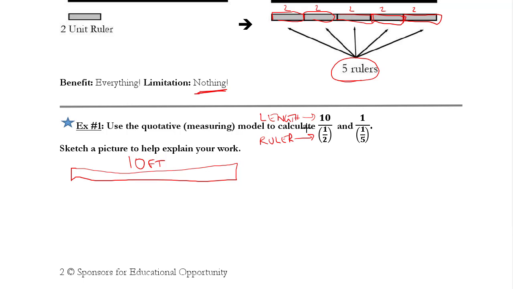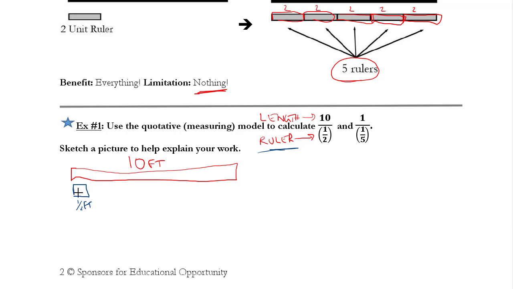And the actual fraction, we interpret as how many rulers it would take to measure this length. So if I have a 10-foot length and my ruler, here we'll use a different color, is 1/2 of a foot, so there's my ruler. It's a small ruler.